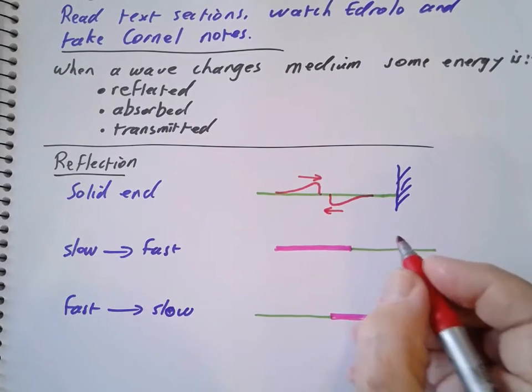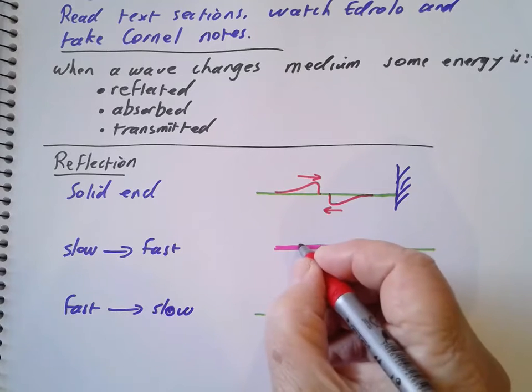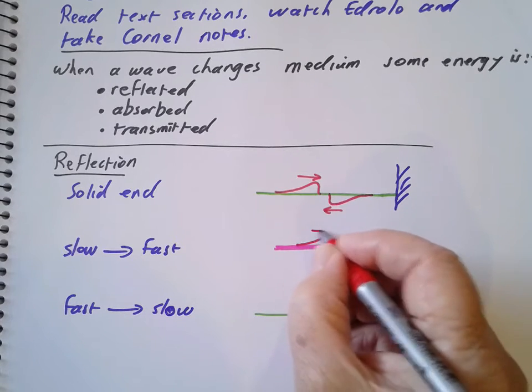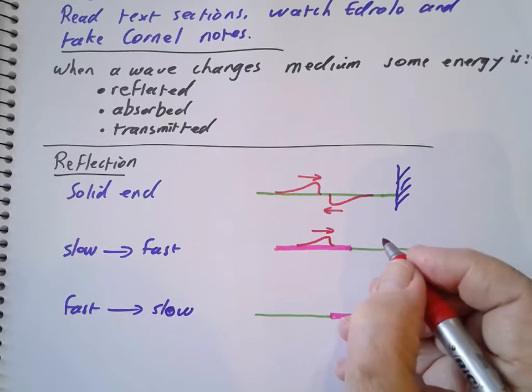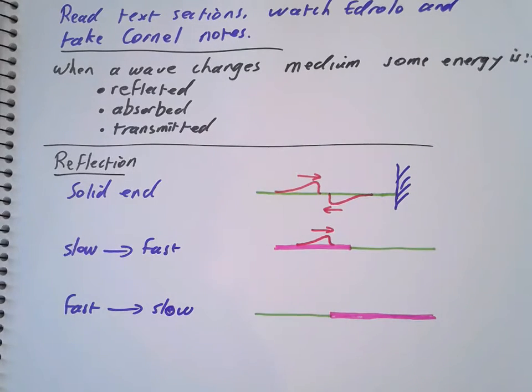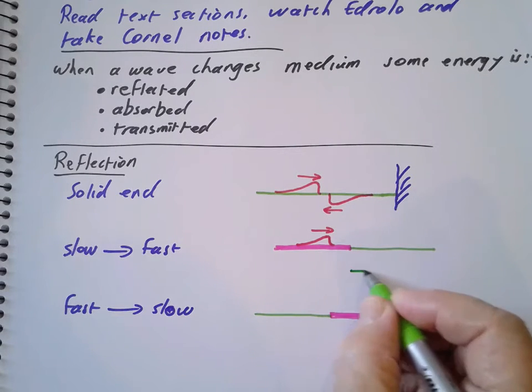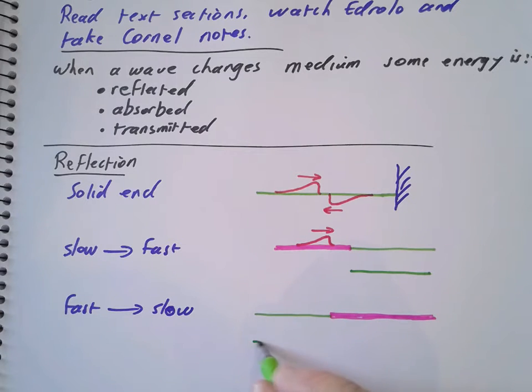When we have a pulse that goes from a slow spring or a slow medium to a fast medium, when it reflects, it does some strange things. And I should have actually drawn a second set for each of these ahead of time. I'll quickly do that now.